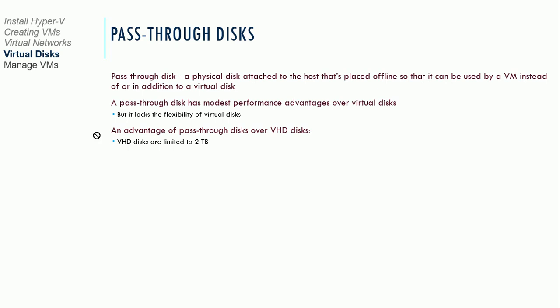So kind of a common approach here is to do a hybrid where you might do a virtual disk for the operating system, but then your pass-through disk would be for data storage. So for example, if you have a server that needs a large data store, you could use a pass-through disk for the large data store, and it might be the D drive or the E drive or something along those lines, but your actual operating system might run as a virtual disk.